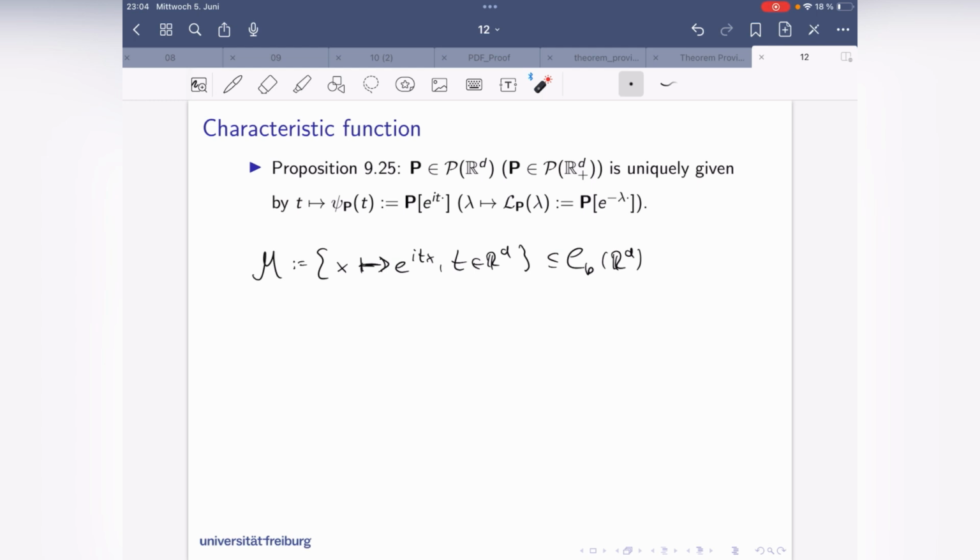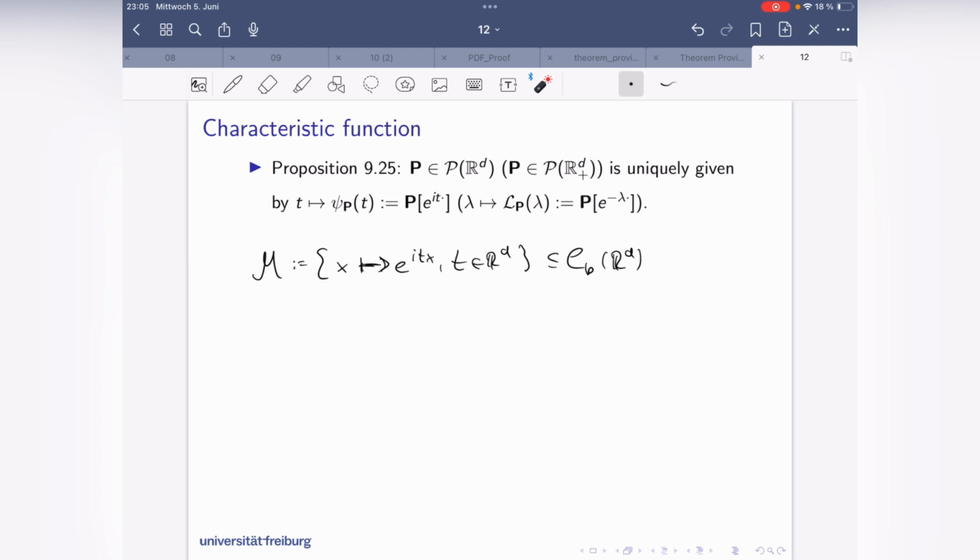It's also closed under multiplication, because if you multiply two of these functions here, all you get is an addition here in the exponent, and that's another such function, so it's closed under multiplication. So we have that this set of functions here separates points and is closed under multiplication. It also has the 1, which appears for x equals 0.